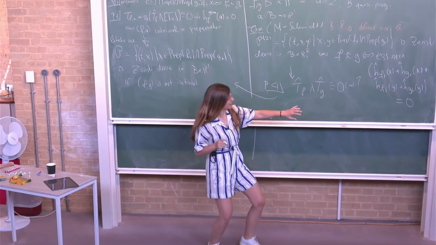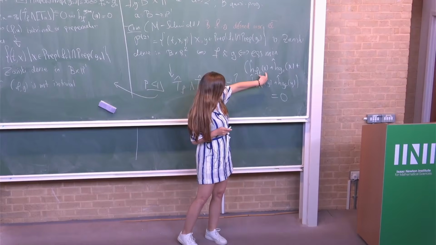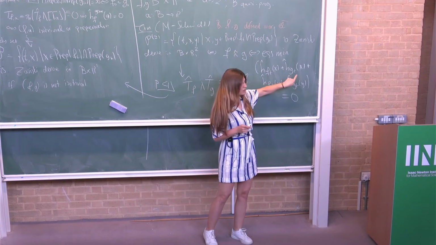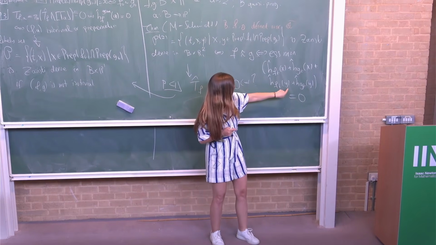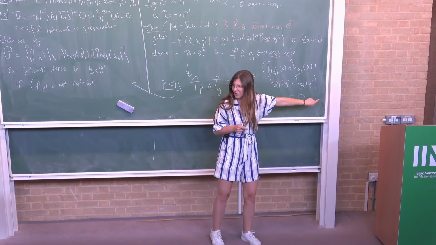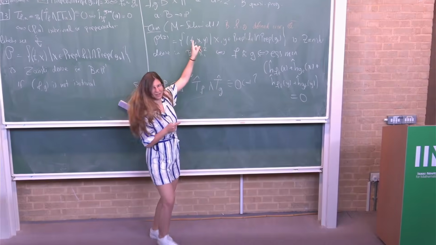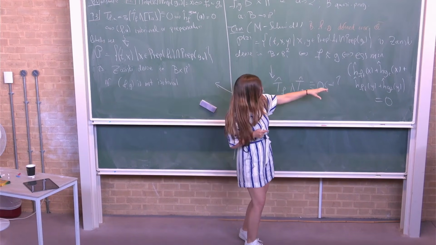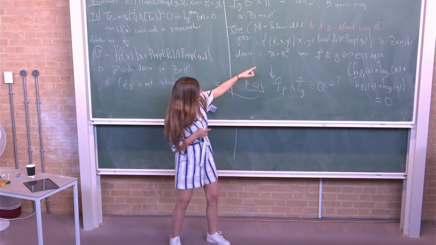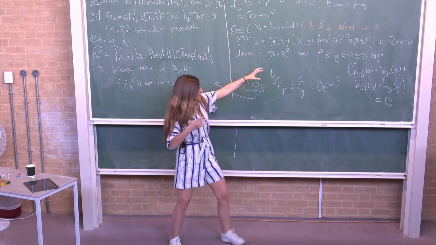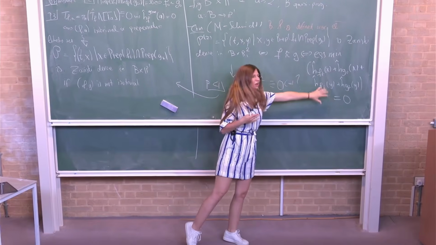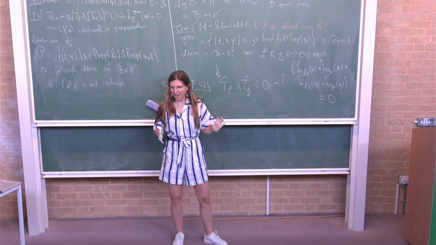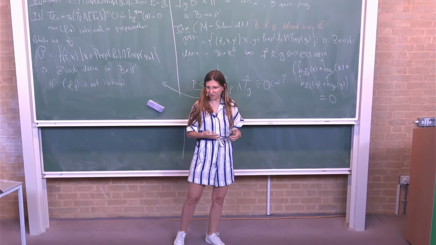If this is 0, it means X is periodic for Ft; this is 0 means Y is periodic for Gt. So the zeros of these are the points in the P squared set, the unlikely set, I'll call it. But I don't need to have many preperiodic points in the set. It suffices to have many small points with respect to this height function, and it still works out. This is an artifact of the method, okay?